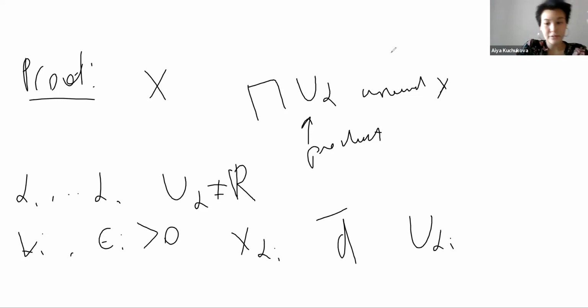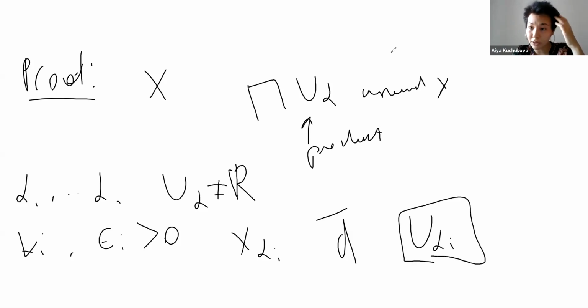Okay, why is that true? Well, we can always make epsilon so small that it fits in that U_alpha_i, and we also know that U_alpha_i is an open set, so we can always do that.